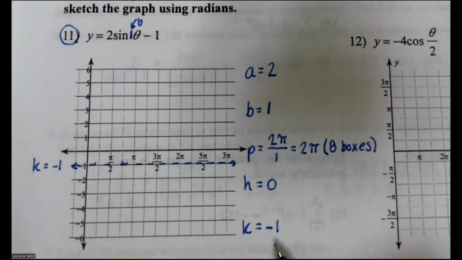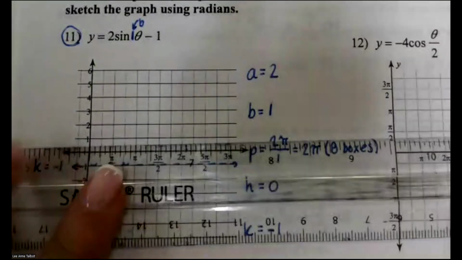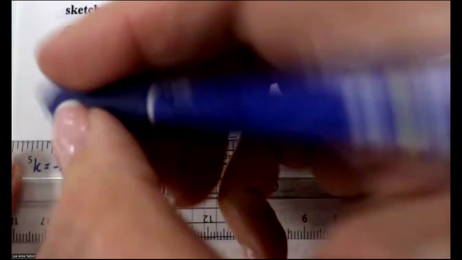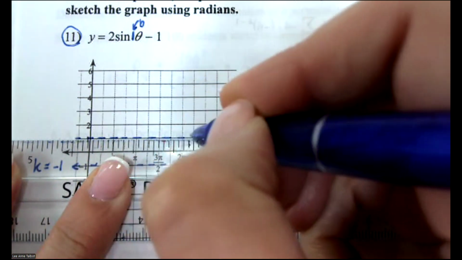The first step is k, -1. Second step is a, which is amplitude. So you go 2 on either side of your midline and make your amplitude lines.